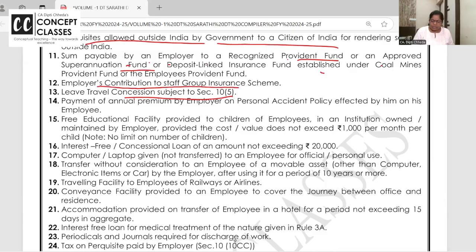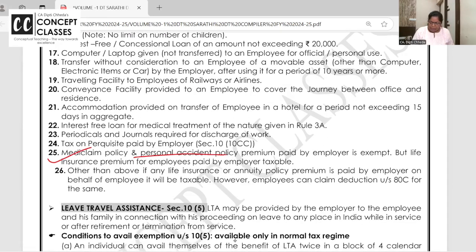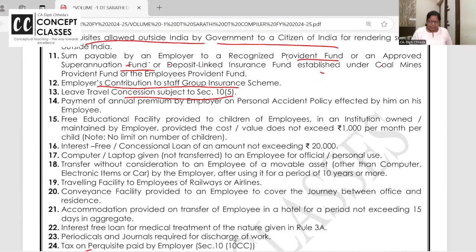Employer's contribution to staff insurance, group insurance, I have given below. Personal accident policy, Mediclaim. Employers take group health policies for employees, and the premium paid by the employer is exempt. But if the employer is paying a life insurance premium for the employee, it is taxable. Other than this, annuity, life or annuity policy premium paid by the employer will be taxable. Okay? Yes, let us cover the ones that were missed in between.